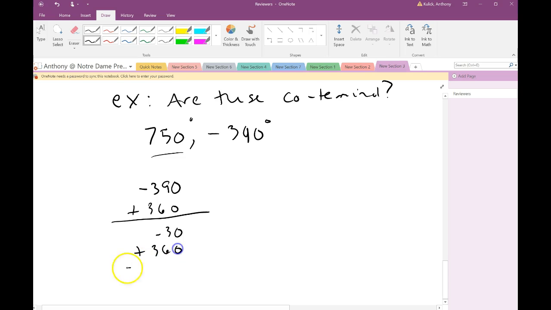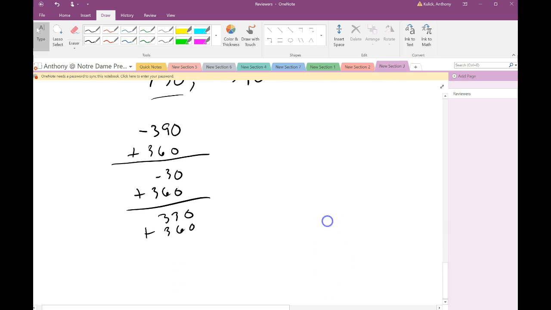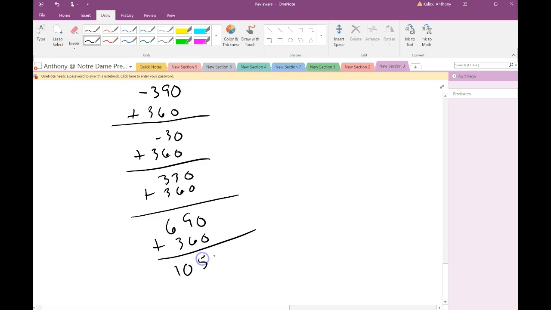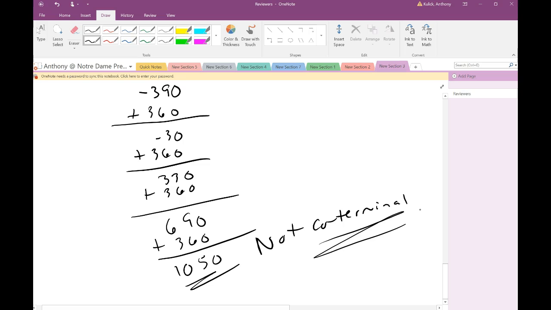So I see that by adding 360s, I passed 750 along the way and didn't ever get to 750, so we can conclude that these are not coterminal.